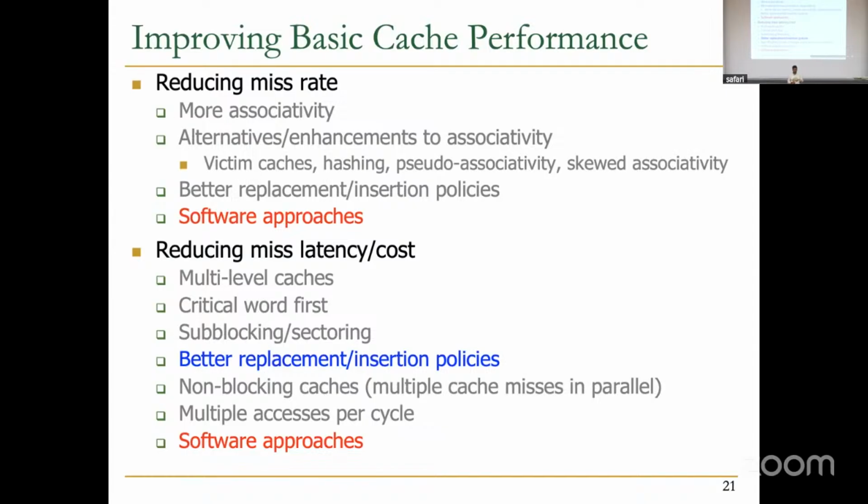Okay, so for reducing miss rate, there are lots of avenues: more associativity, alternatives to associativity as I mentioned, but also software approaches. For reducing miss latency or miss cost, there are also lots of avenues. And obviously, as a software programmer, you can write a better program if you know that a cache exists in your system, to make better use of cache utilization.